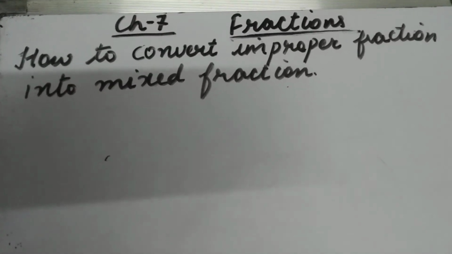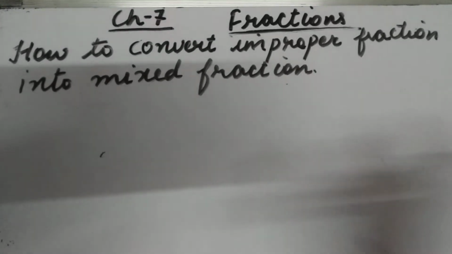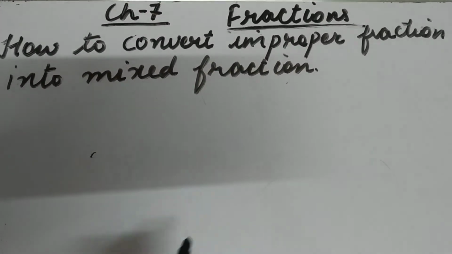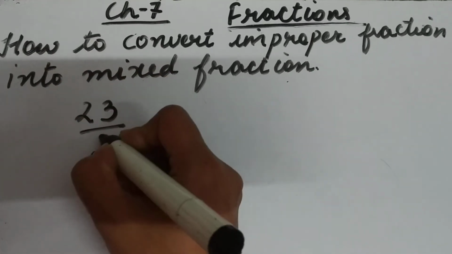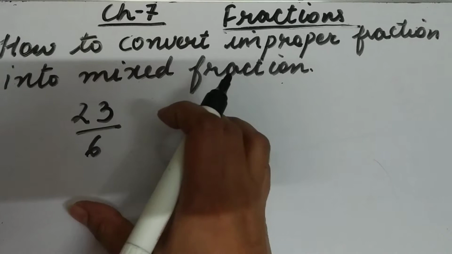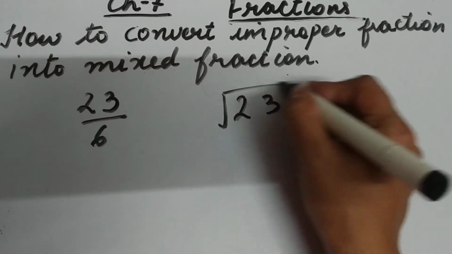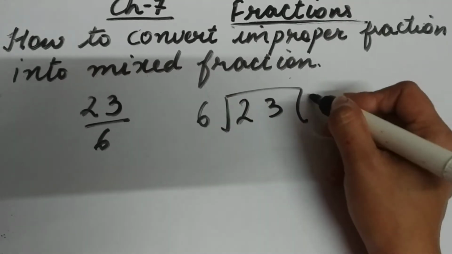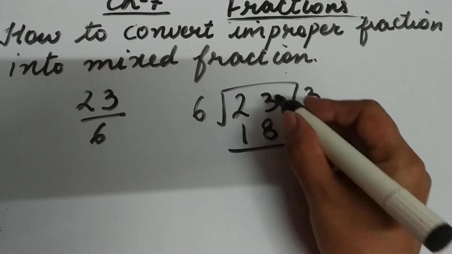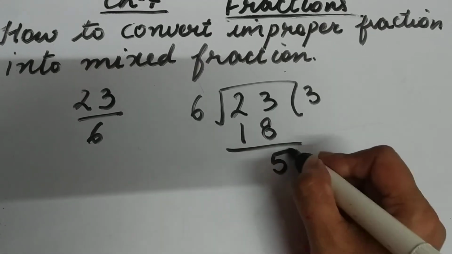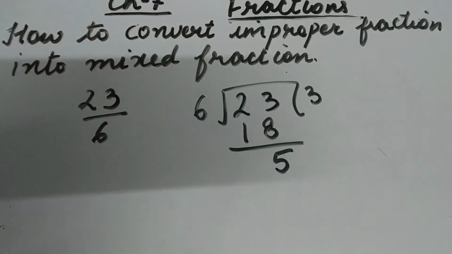Next is how to convert an improper fraction into a mixed fraction. Suppose we have to convert this improper fraction 23 upon 6 into a mixed fraction. So what we'll do, we'll divide 23 by 6. 6 3s are 18, 23 minus 18 is 5. Now we have to write this improper fraction as a mixed fraction.